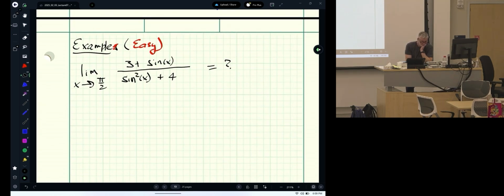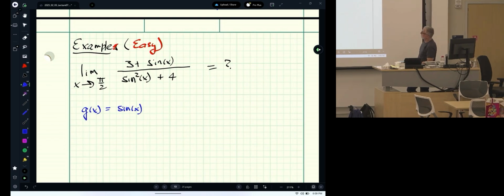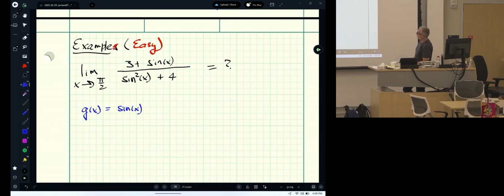Okay, so the strategy on these is we need to figure out what is f and what is g. Does that look like f composed with g? Maybe. What if we let g of x equal sine of x? Is evaluating the limit as x goes to pi over 2 of sine of x going to be an easy calculation?